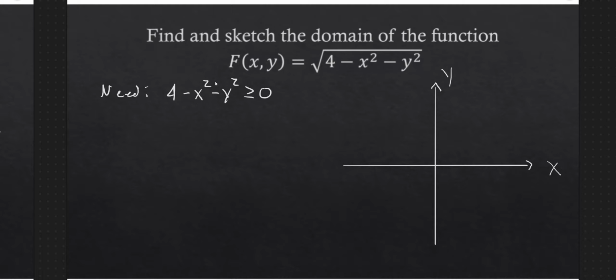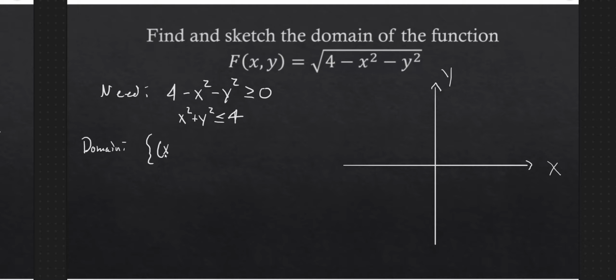The idea is I want to massage this to the point where I can recognize what region it's describing. So if I add x squared over, add y squared over, I'll get x squared plus y squared less than or equal to 4.